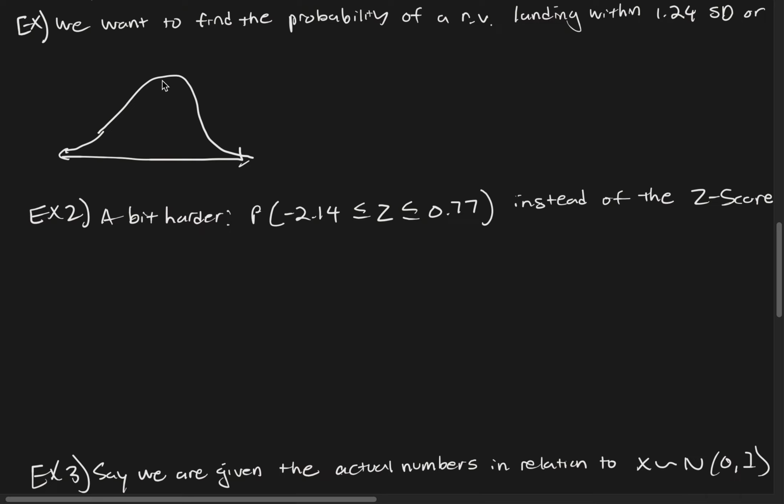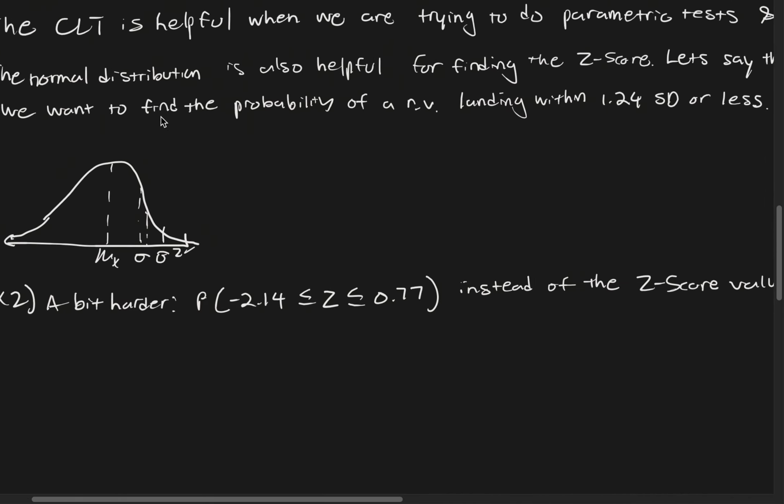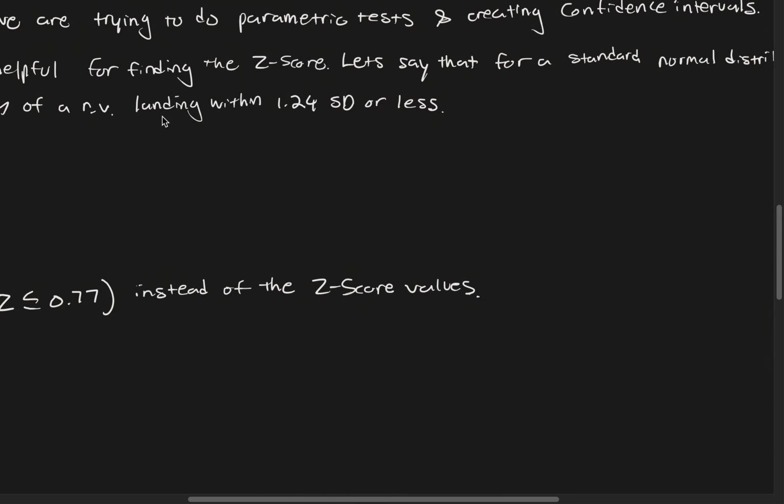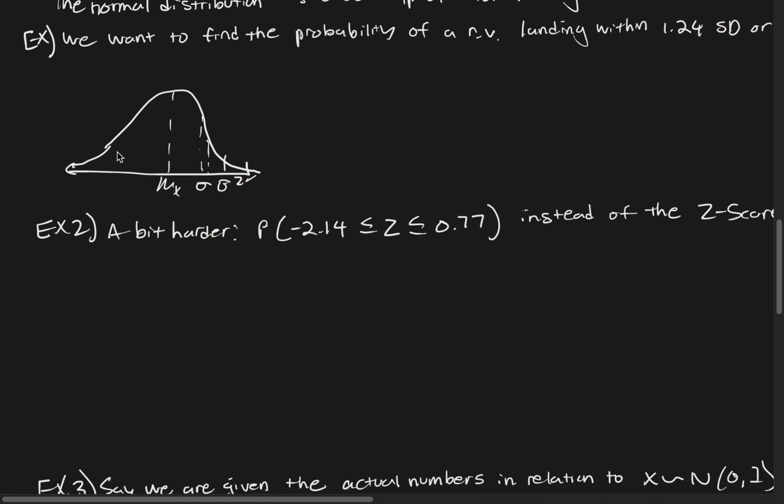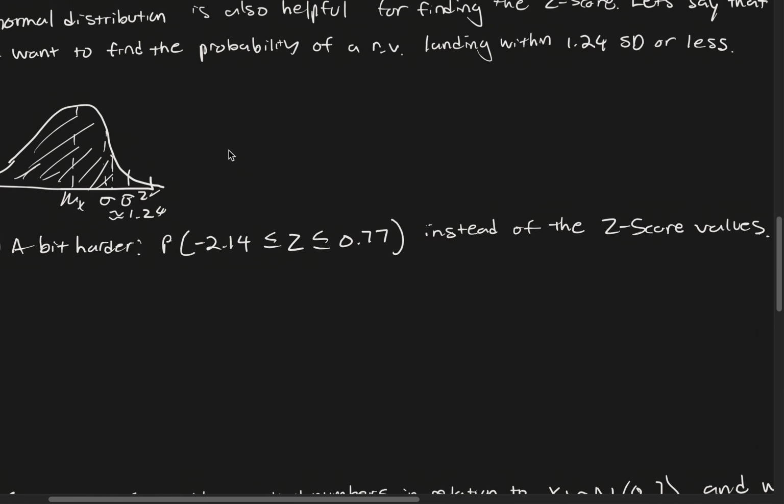Okay, well, good enough. If we draw a normal distribution and then we'll draw one standard deviation of it and then two right here, we want to find the probability of a random variable, and we're assuming this is a standard normal distribution. So we want the probability of a random variable landing at around 1.24 or less. So all of here, excluding any standard deviation that's greater than 1.24.